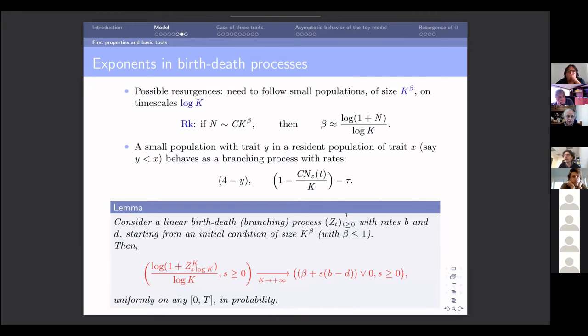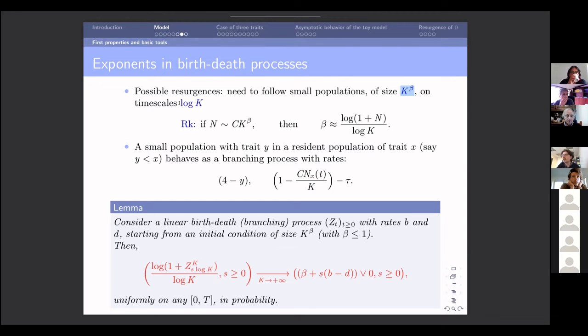Now to explain the ideas behind the results I want to present, I need to give some results about branching processes to start. What is a possible resurgence of a population? It means that I need to follow the size of negligible populations of size k to some beta, with beta less than 1.